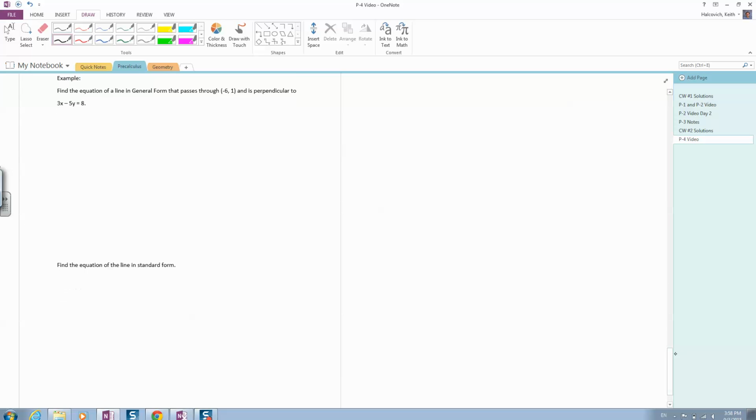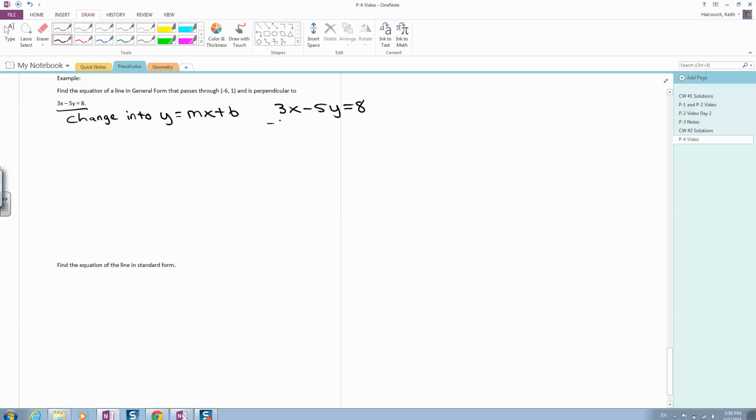So the next one, we're going to put it in general form, and we're going to make sure it's perpendicular. So the first thing, we don't have the point, but we do have this line here. So we're going to change it into y equals mx plus b. So I have 3x minus 5y equals 8.